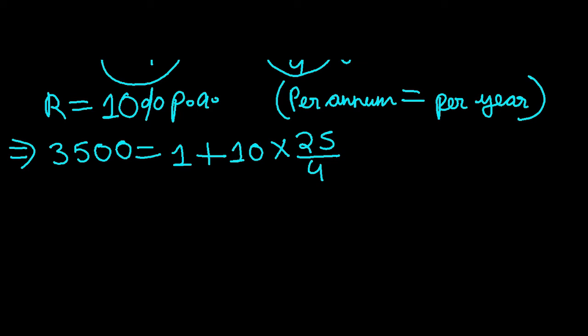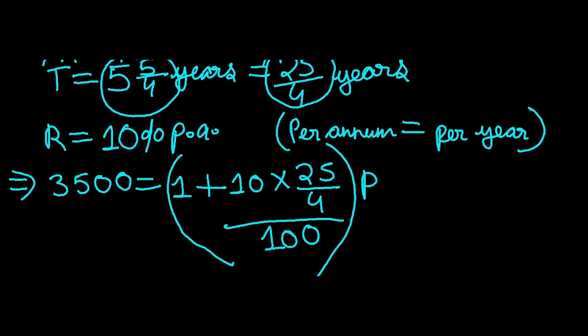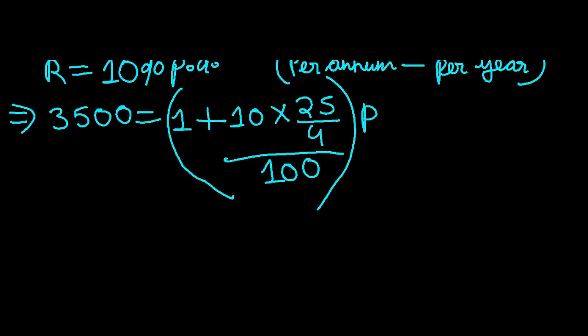And now we will write by 100. And actually friends, we have to give this in a bracket. And here outside we will write P, which is the principal. We don't have any P here, so we will just write principal as P.